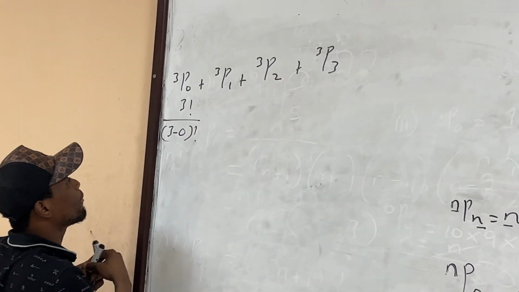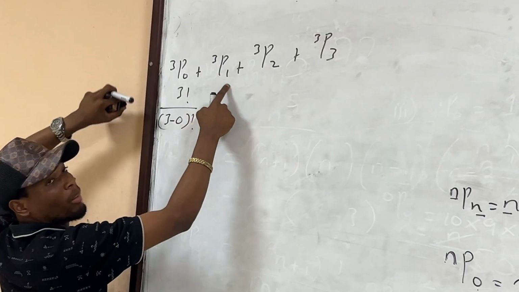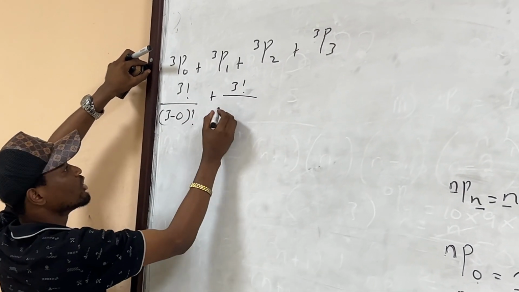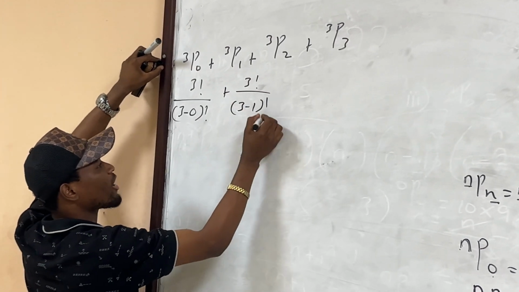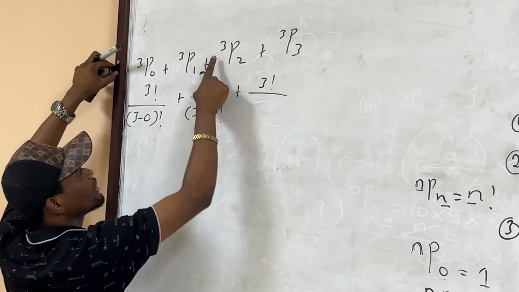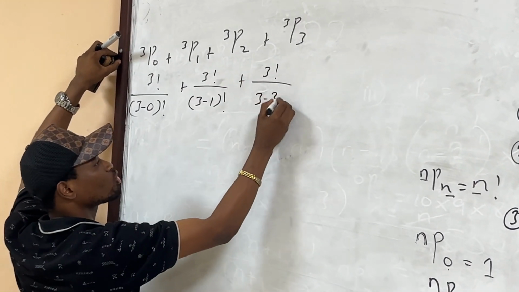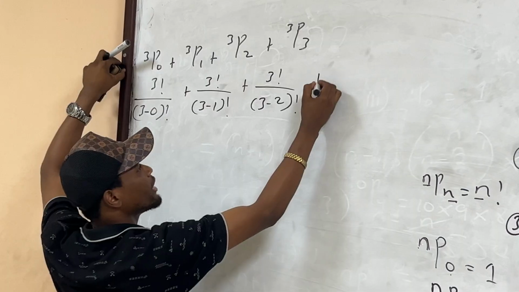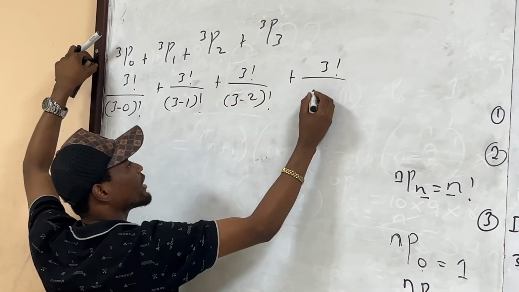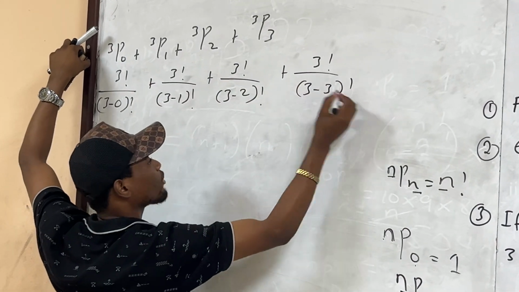Then plus 3 factorial over 3 minus 1 all factorial, then plus 3 factorial over 3 minus 2 all factorial. Then plus 3 factorial over 3 minus 3 all factorial.